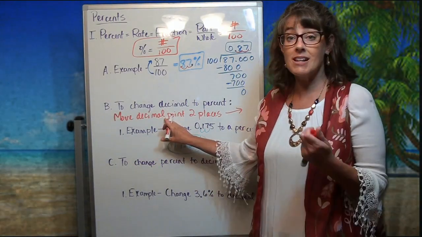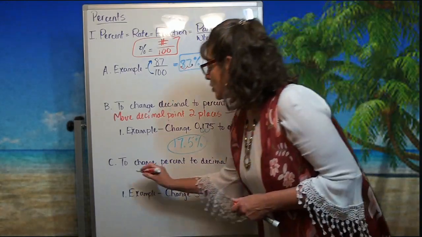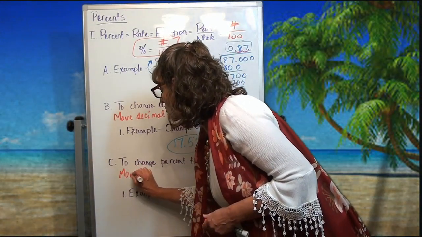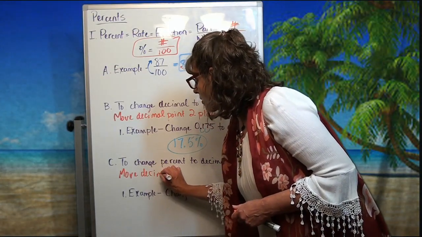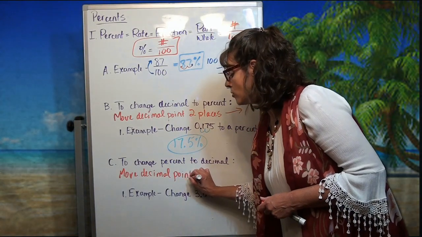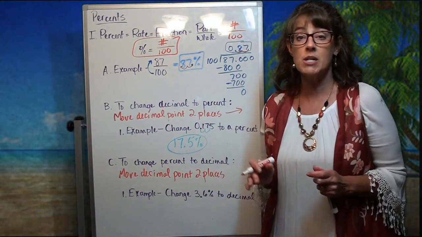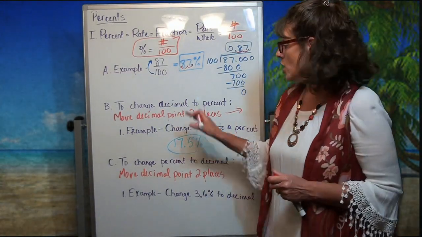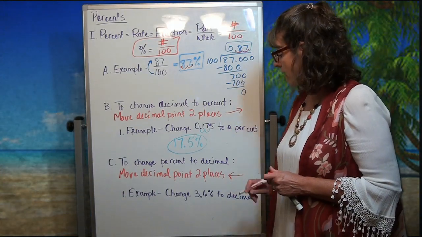And it does exactly what we thought, and that takes this rule and just reverses it. So instead of moving that decimal point 2 places to the right, when we change from a percent to a decimal, we're going to move that decimal point still 2 places. Notice the similarities here. That makes the memorization, the understanding much easier. 2 places in both cases, but now it's 2 places to the left.